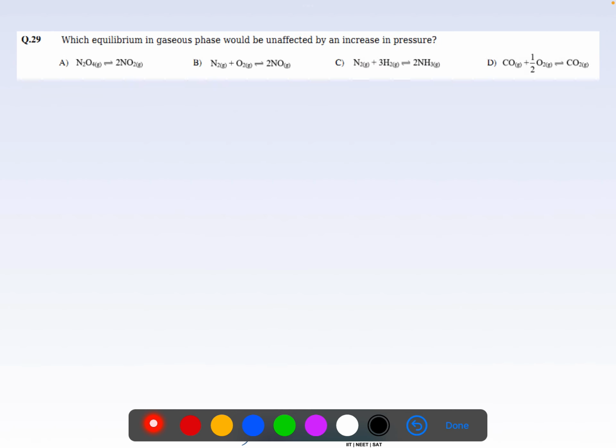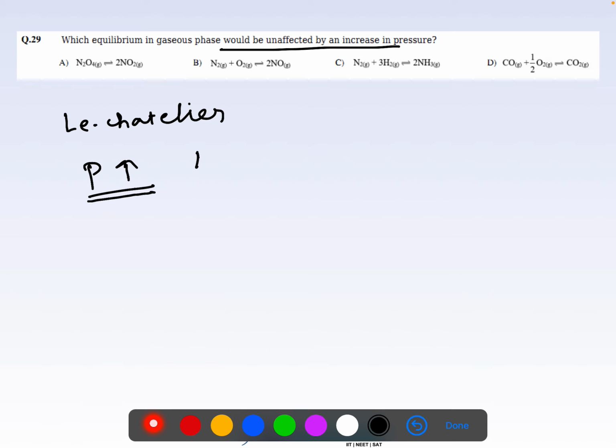Which equilibrium in gas phase would be unaffected by increase in pressure? According to Le Chatelier principle, increase in pressure will result in a shift in the direction towards fewer moles. That means if you increase the pressure, the reaction will move in the direction where the number of moles is less.